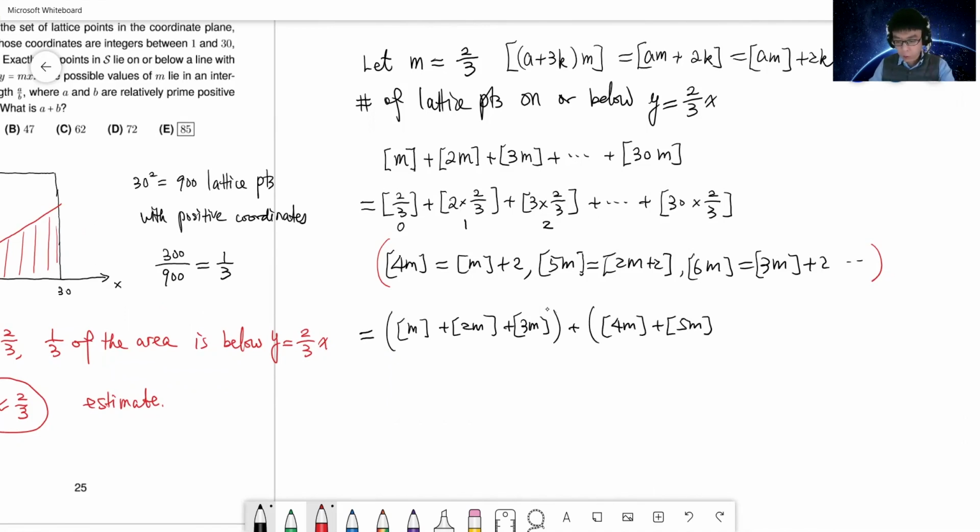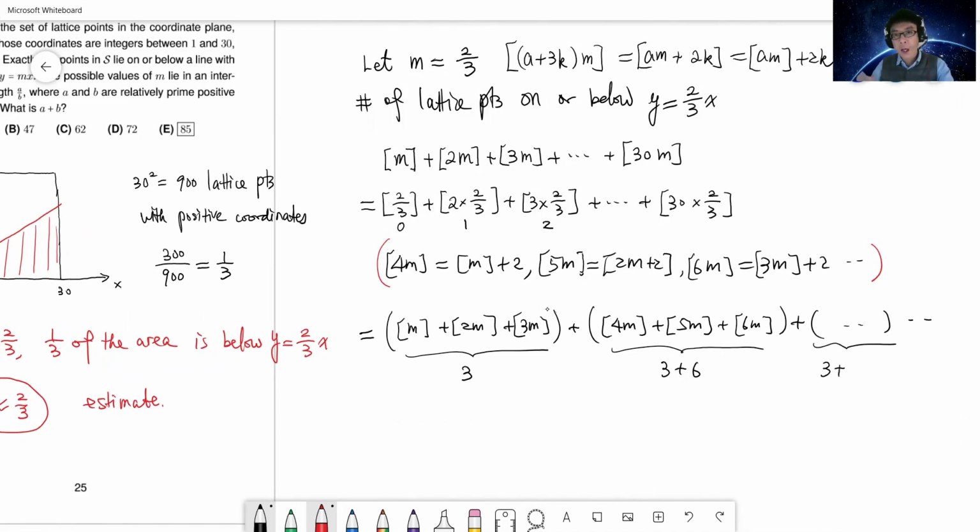Here m equals 2 over 3. And the next group. So the first group has the sum equals 3. In the next group, each term is increased by 2. So this is 3 plus 6. The next group has the sum 3 plus 6 plus 6. So it's 6 times 2. Totally, we have 10 groups.